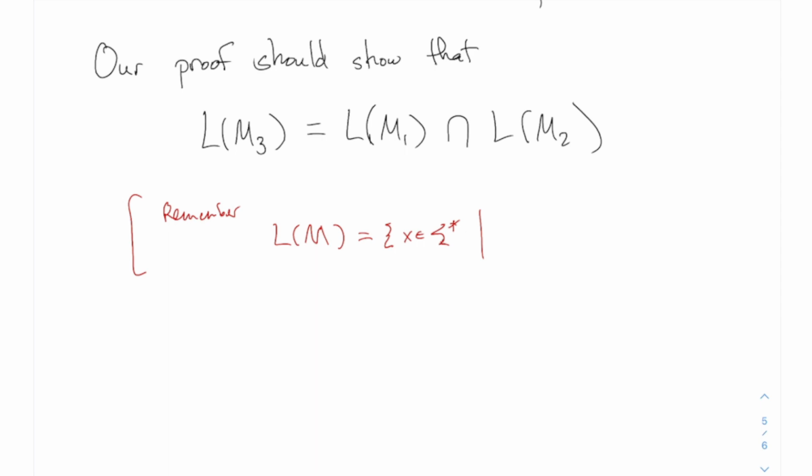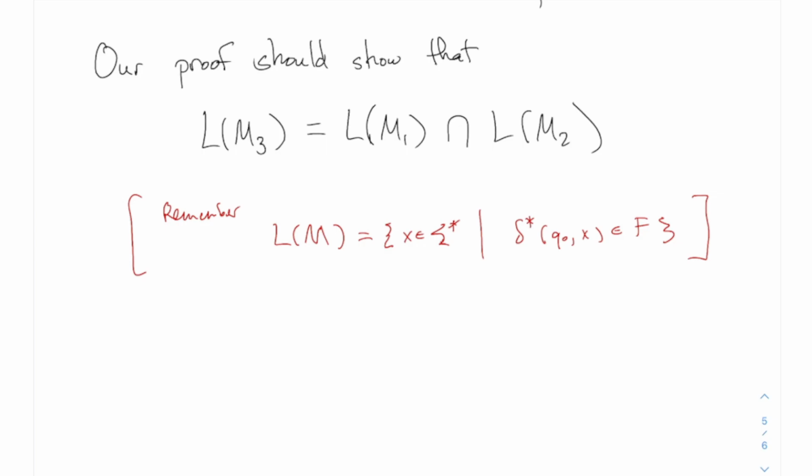Delta star, I think. Yeah. Q naught, comma X is in there. Yeah. This is the definition, as far as the set theory goes, of the language accepted by a machine M.